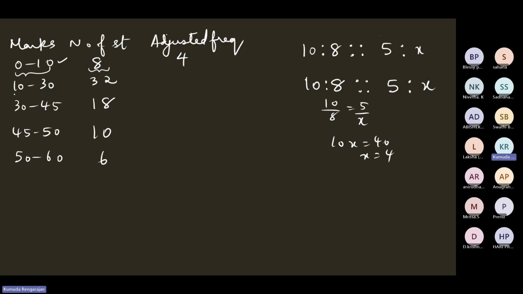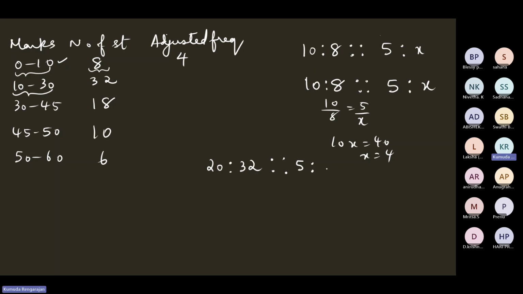Then for the next one, what is the size? 20. If 20 is the size, the frequency is 32. If you want the size to be 5, then what should be the frequency? You can use x, or a different variable, this is your own calculation in the rough column.